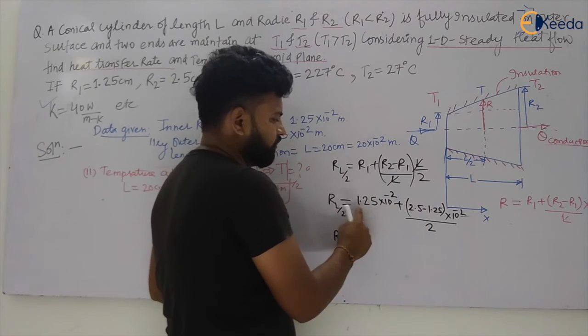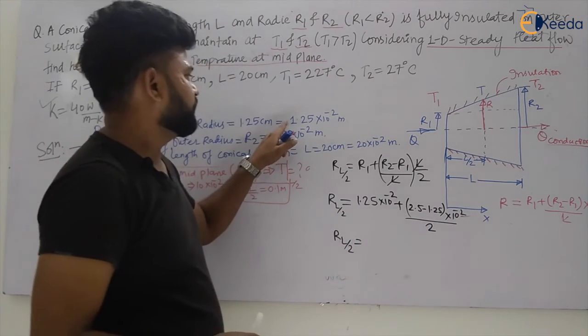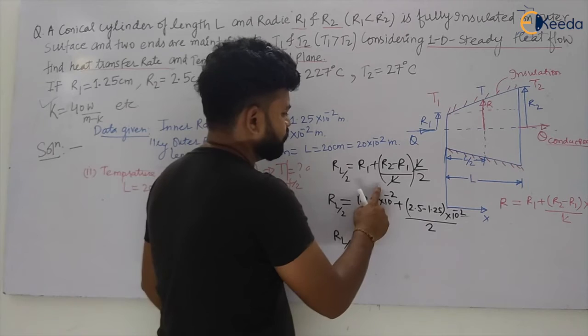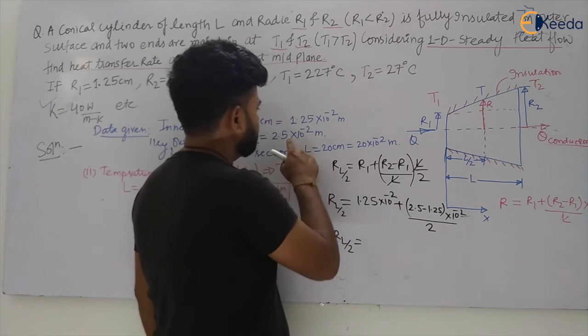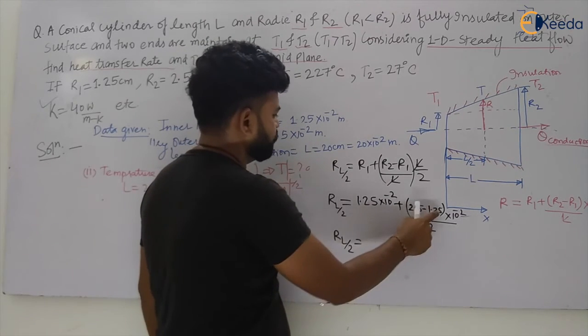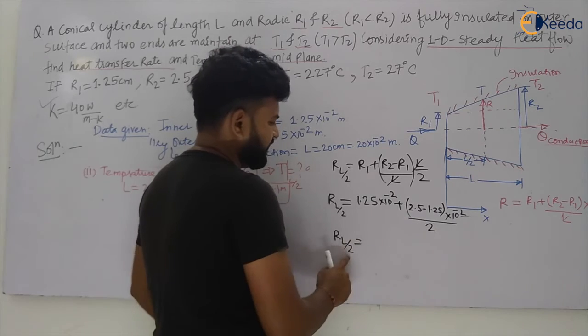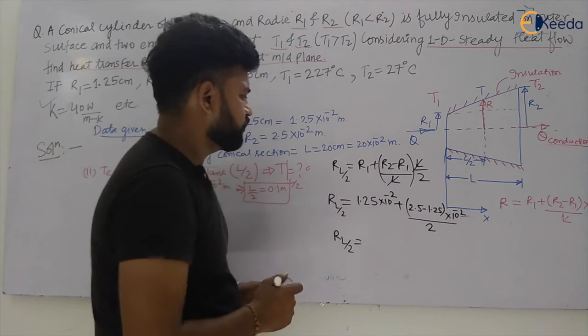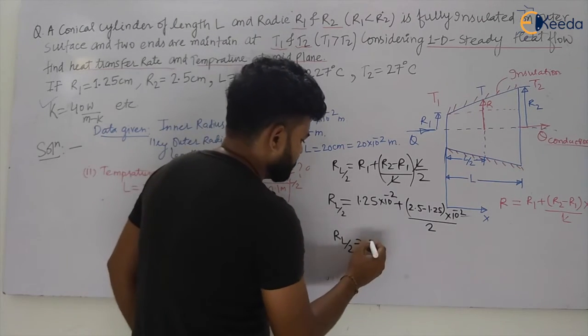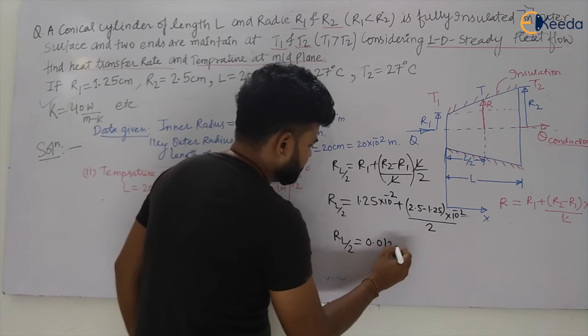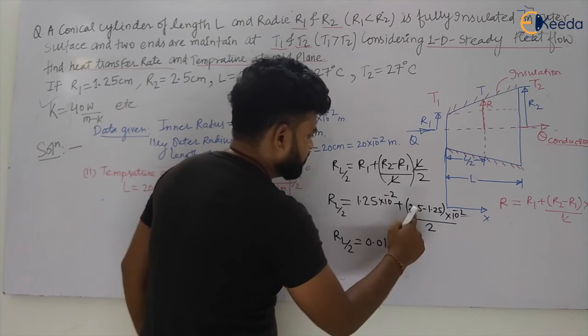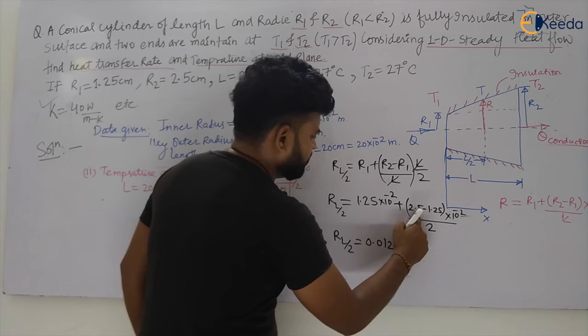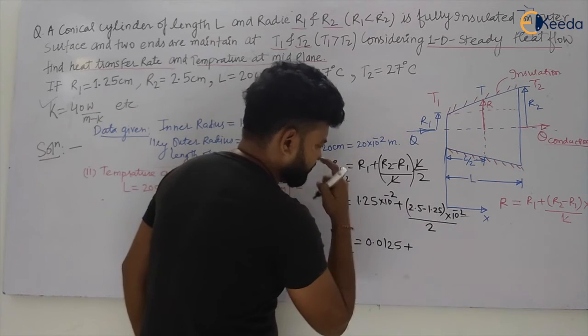So this will be given by 1.25 into 10 to the power minus 2. Then again 2.5 minus 1.25 into 10 to the power minus 2 divided by 2. So R at L by 2 will become 1.25 into 10 to the power minus 2. This will become how much? This will become 0.0125 plus this will become how much? 0.5, that is 50 minus 25.